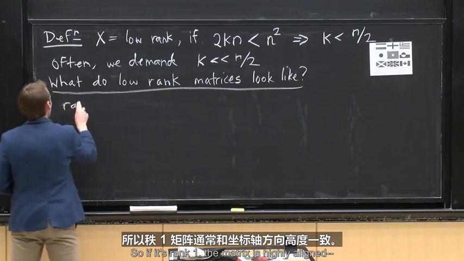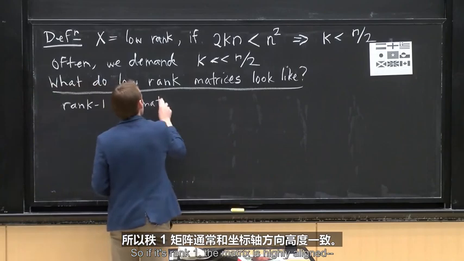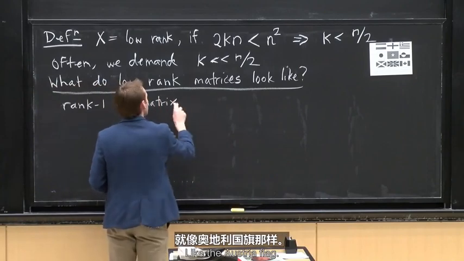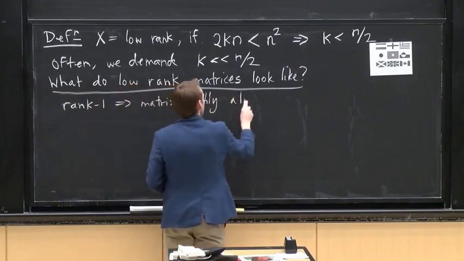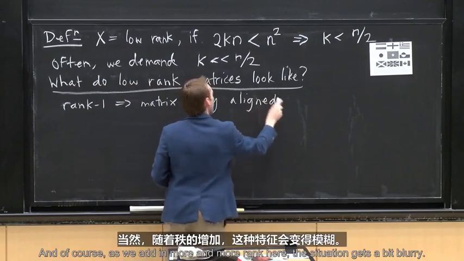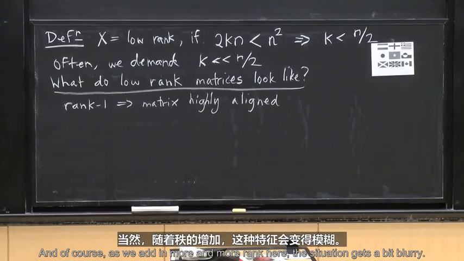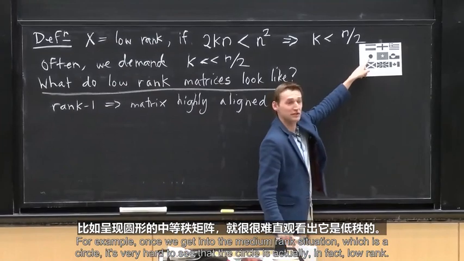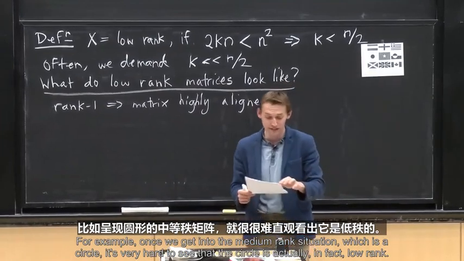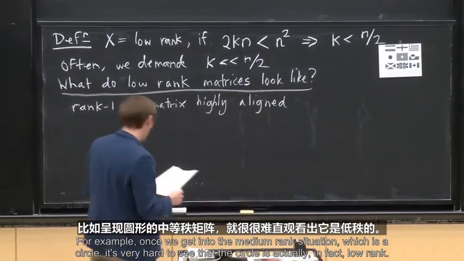So if it's rank 1, the matrix is highly aligned, like the Austria flag. And of course, as we add in more and more rank here, the situation gets a bit blurry. For example, once we get into the medium rank situation, which is a circle, it's very hard to see that the circle is actually, in fact, low rank.